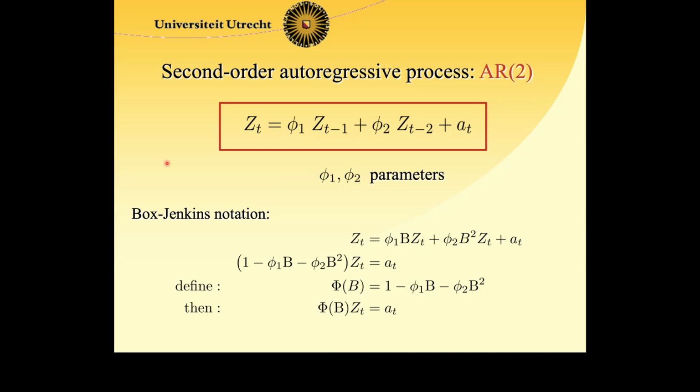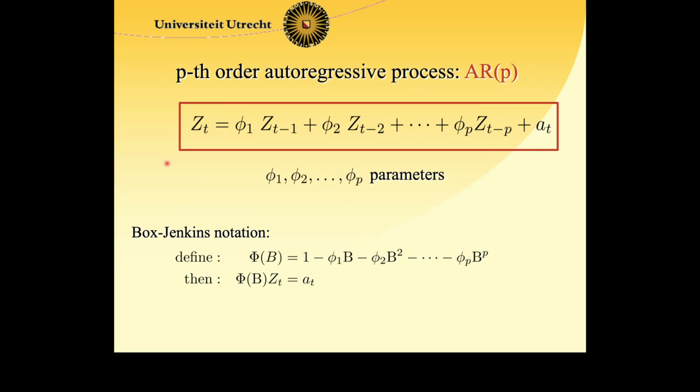Now if we generalize this even further, we have an autoregressive process of order P. So we have P autoregressive terms plus some white noise. So now Zt depends on the Z, P time steps back. You can see this model becomes richer and richer. We have P plus 2 parameters in this case.